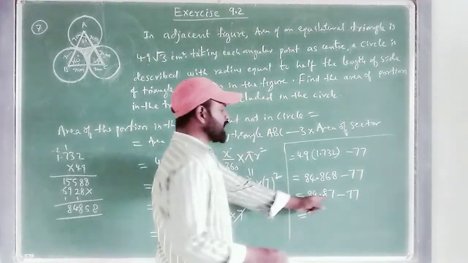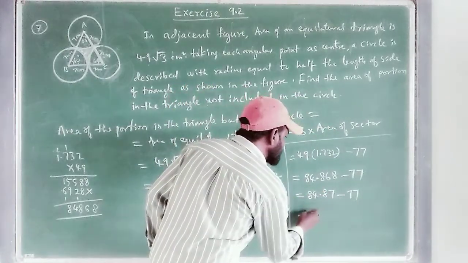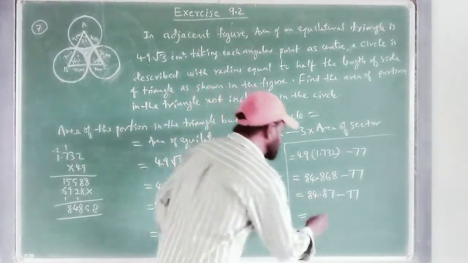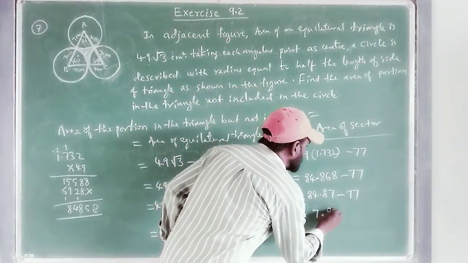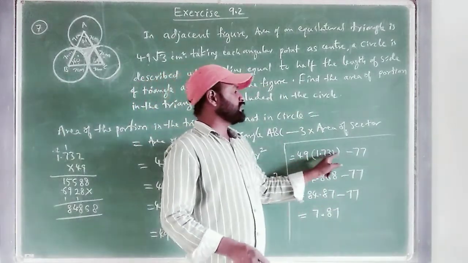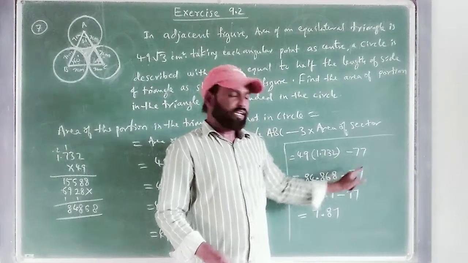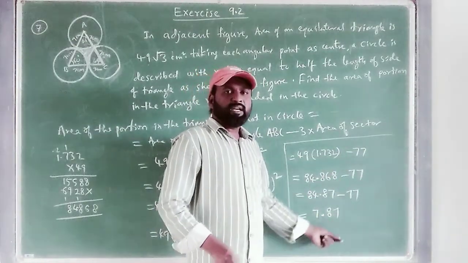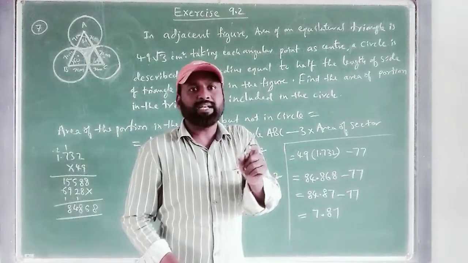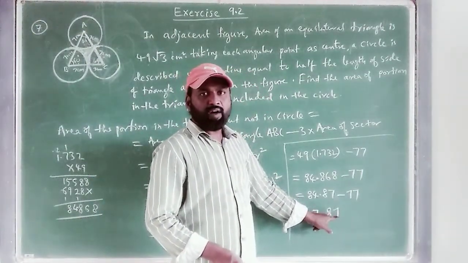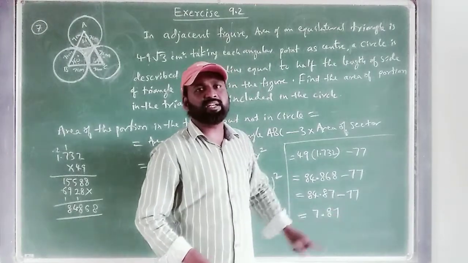When you subtract, how much will you get? 84 minus 77 is 7, so 7.87. If you continue, the √3 value 1.732 has so many more digits. If you write 3, 4, 5 digits and compute, it may differ only in the decimal places. 7.87 is okay.